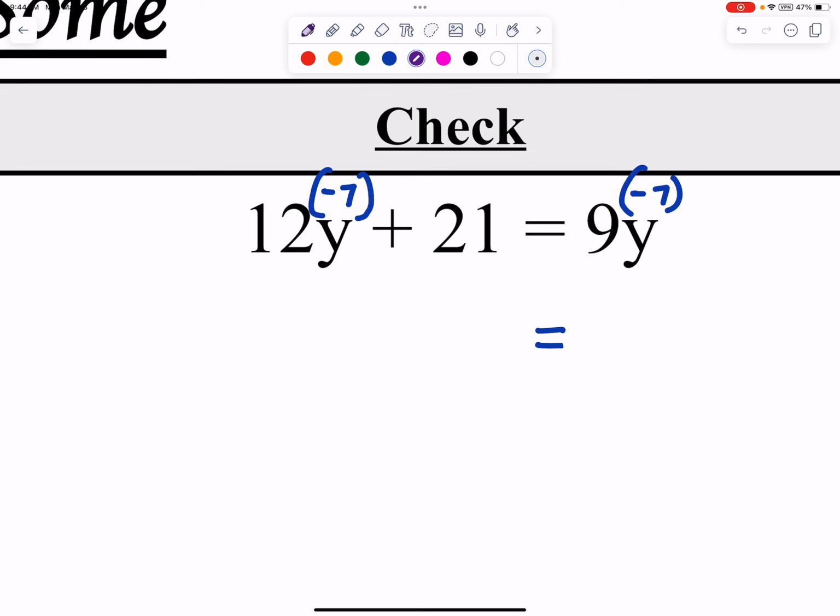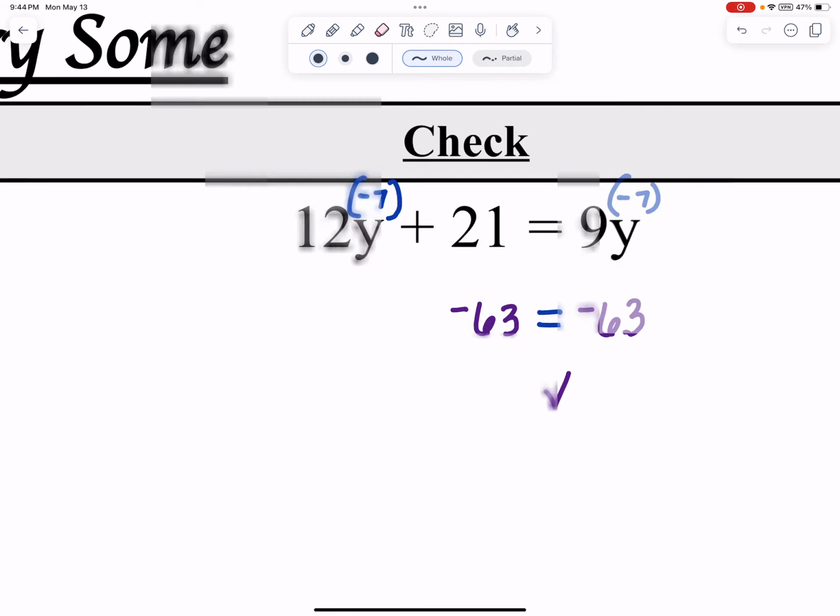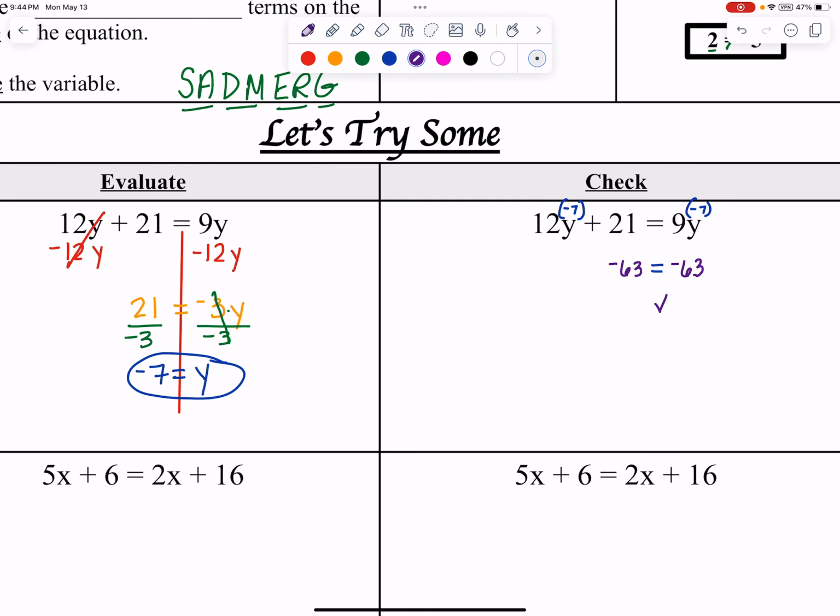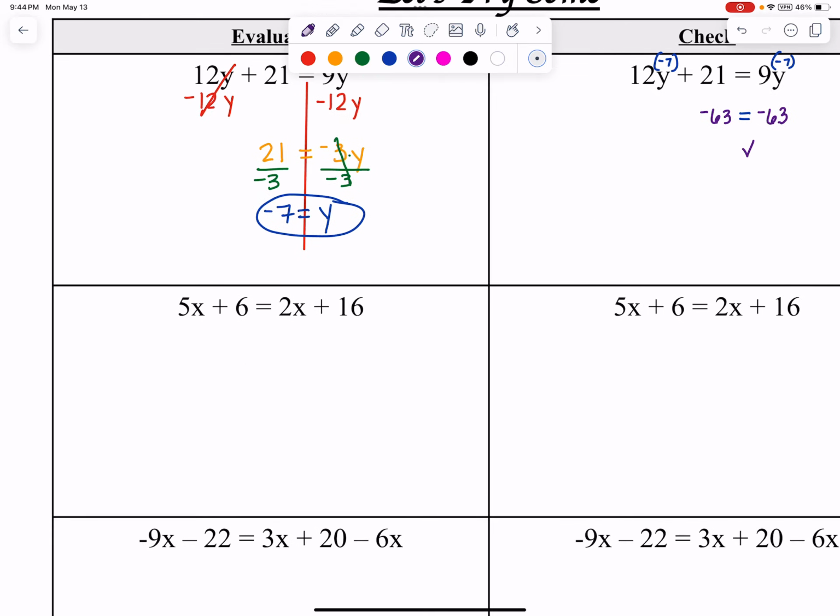So 9 times negative 7 is negative 63. And then 12 times negative 7 plus 21, if we plug that into the calculator, also equals negative 63. So this checks out. That means our negative 7 is correct. If we got different numbers, then that means we did something wrong, and we'd have to go back and see what we did.